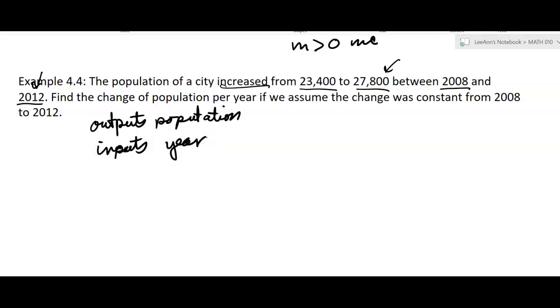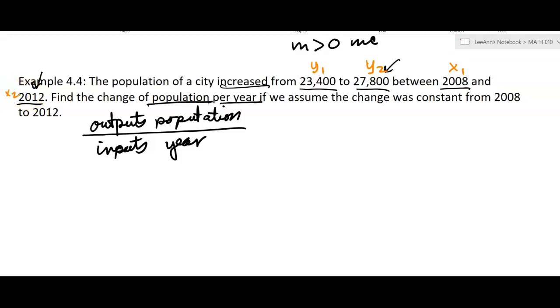Now, how do we know that? We want to do population per year, so it's going to be population over year. Does that hopefully make some sense? Okay, so this is going to be like my y sub 1, and this is going to be my y sub 2, and then this is going to be my x sub 1 and my x sub 2.